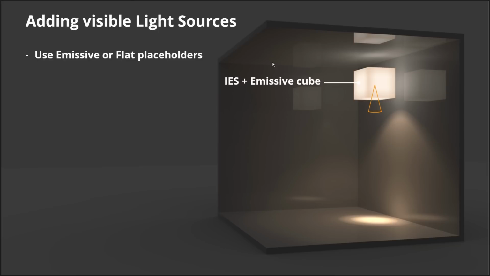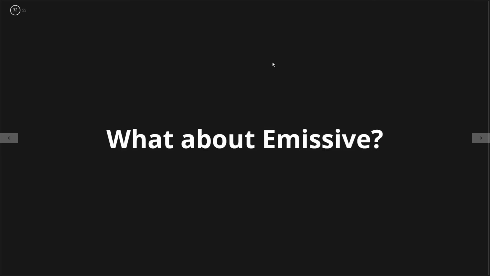But with an emissive cube and an IES profile inside it, it gives me a really nice appearance. The IES light shines straight through the emissive cube, and the emissive cube isn't actually adding a whole lot of light to the scene itself, and we wouldn't really want to. But combining those is a great way to actually have that visible in the scene. So either flat or emissive placeholders are a nice way to add that extra little bit of realism.